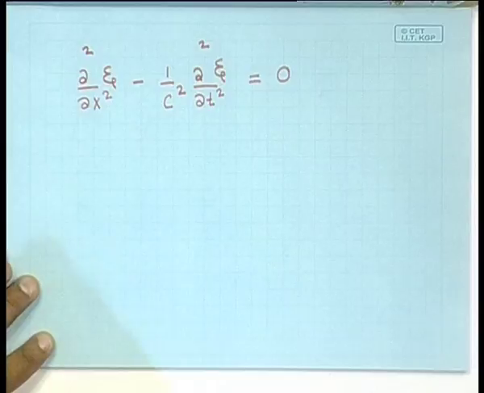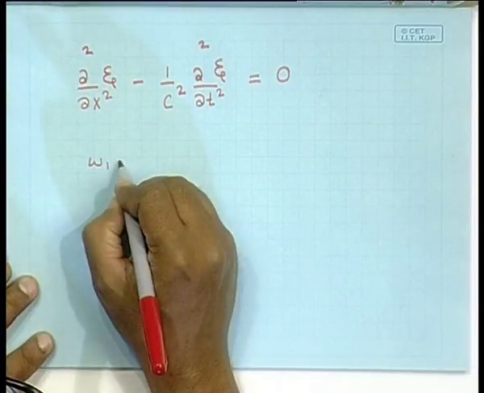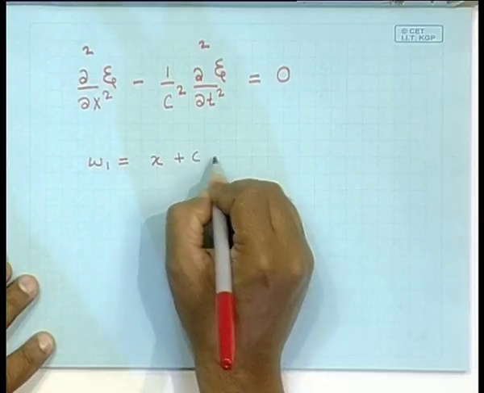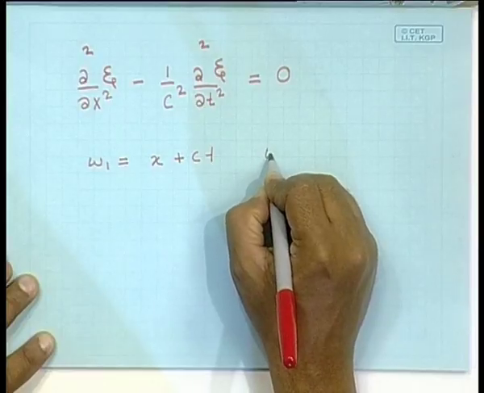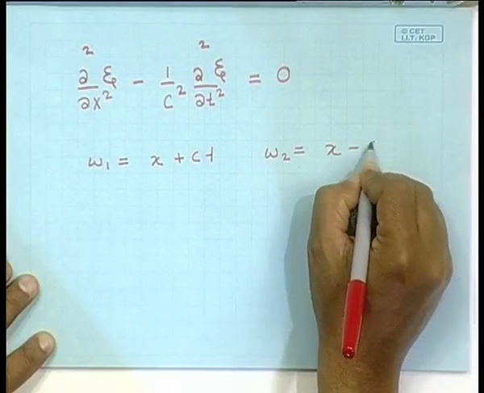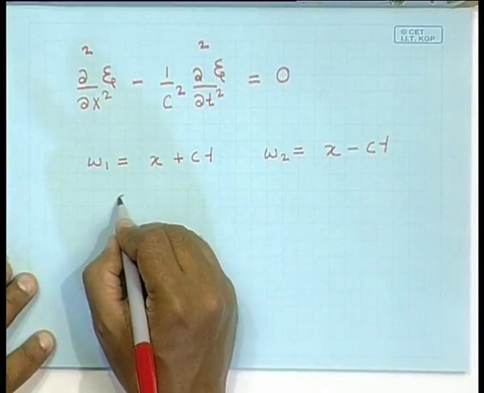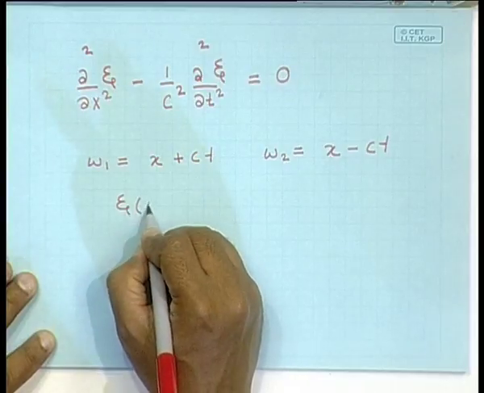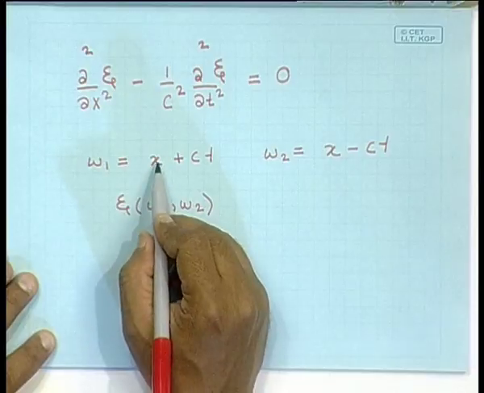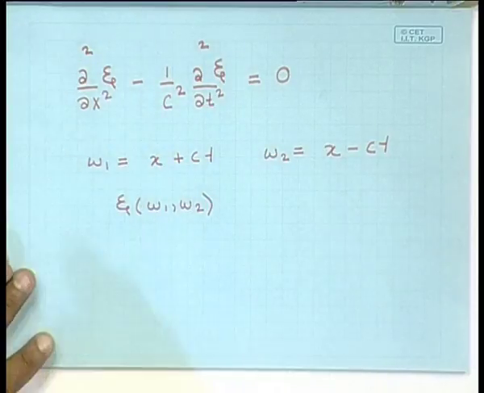It is convenient to introduce two new variables, w1, which is x plus ct, and w2, x minus ct. So xi now is a function of w1 and w2. We can replace the two variables x and t, position and time, with the two new variables w1 and w2.